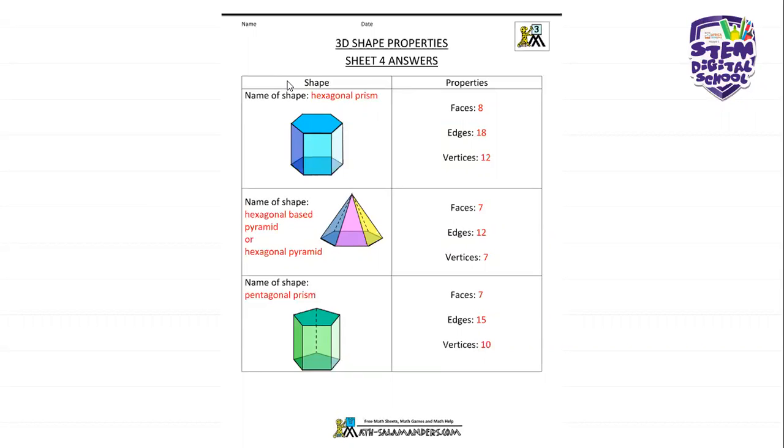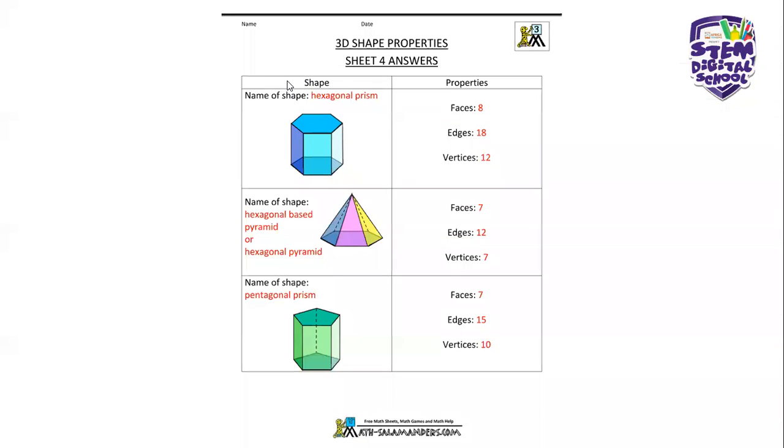All the 6 points meet in one point at the top, and it forms your pyramid. So obviously, this will affect the number of faces. So the faces will no longer be 8, but they will now be 7.